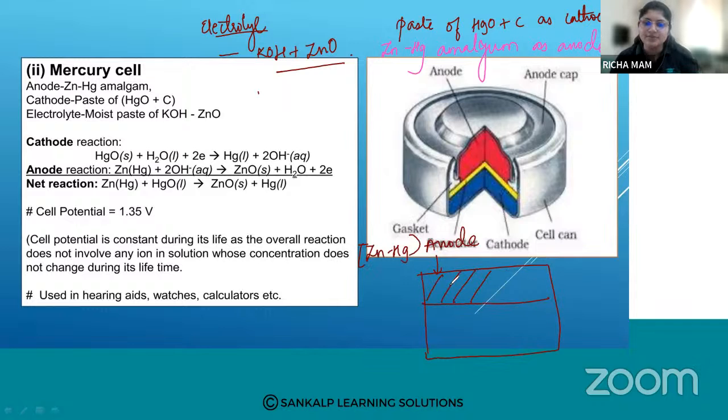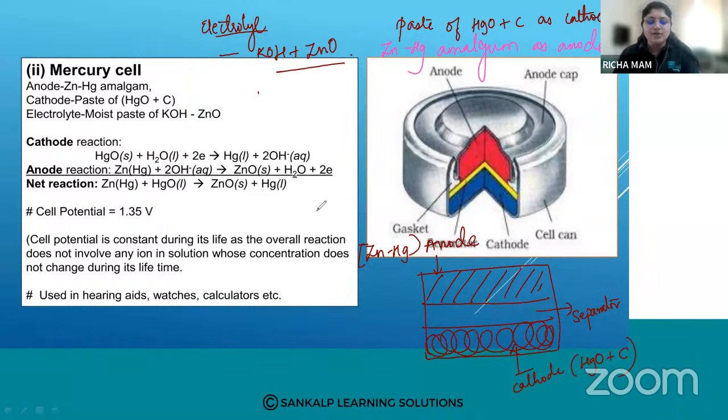Next is your separator. Then you have your cathode, that is mercury oxide plus carbon. This is your mercury cell.